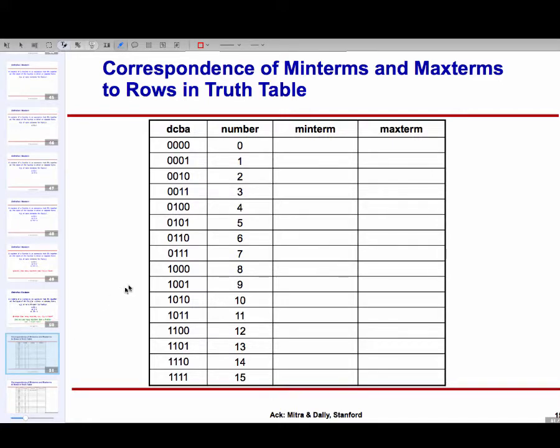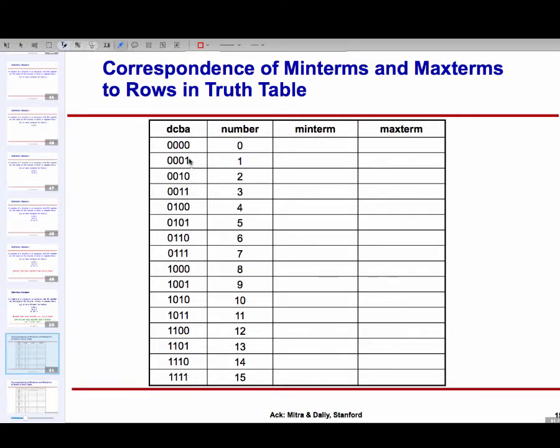Now, remember our truth table? So I can write down, if I have a function, so let's say I have a function of 4 inputs, A, B, C, D, and let's say I write the function inputs in this order, D, C, B, A. Then I can enumerate all possible values that the inputs can take. So it's 0, 0, 0, 0, 0, 0, 0, 1, all the way to 1, 1, 1, 1.